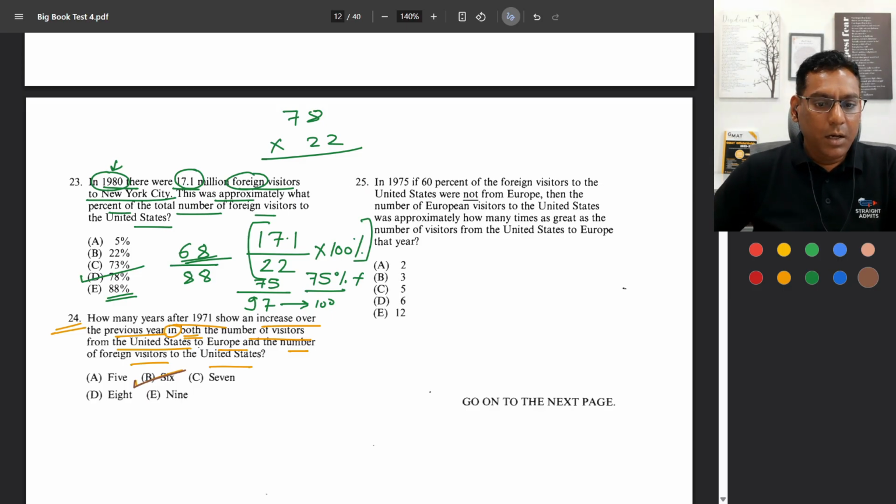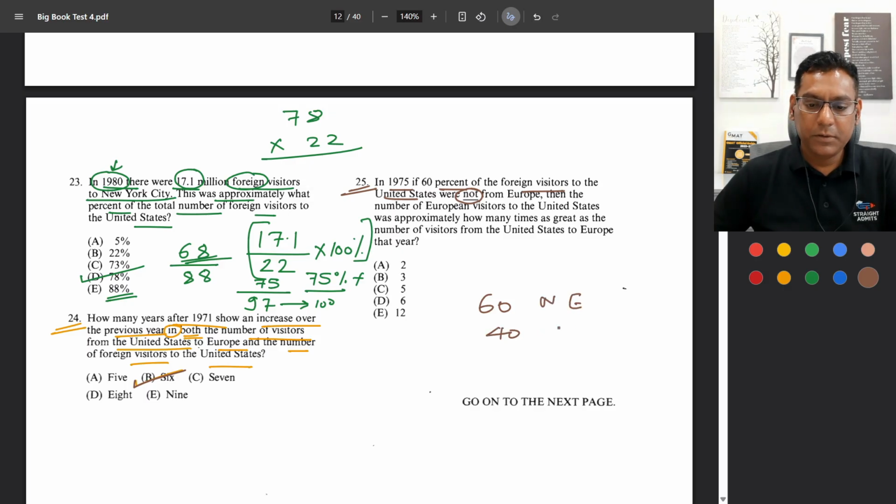Okay. Question 25. In 1975, if 60% of foreign visitors to the US were not from Europe, so 60% were non-Europeans, 40% were Europeans. This is incoming, all foreign visitors in 75.